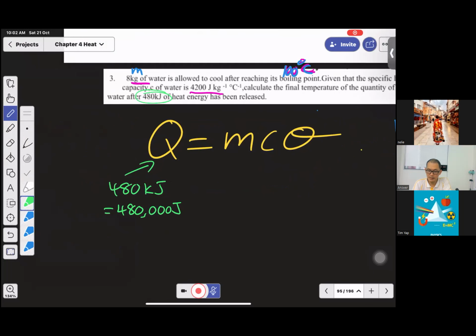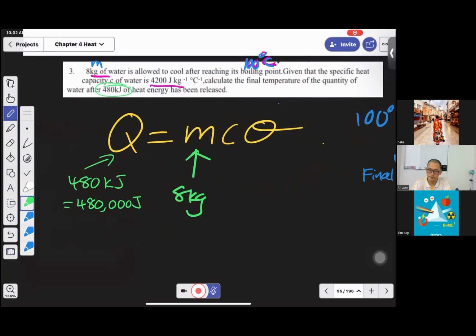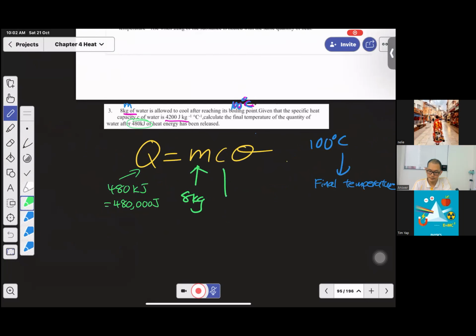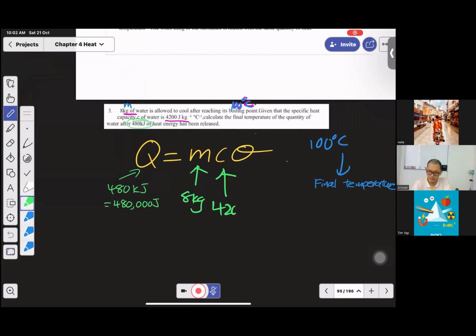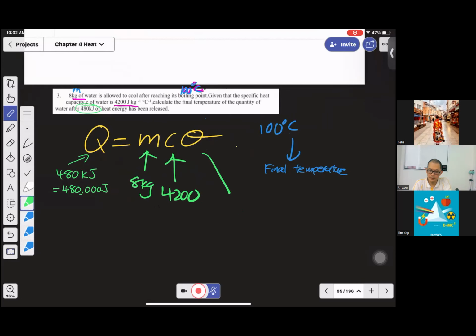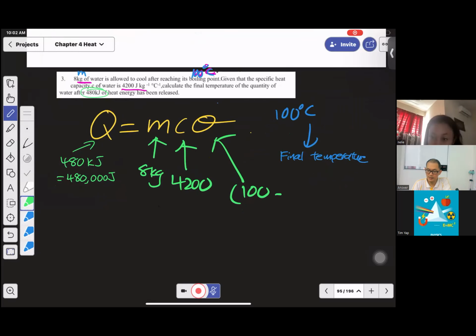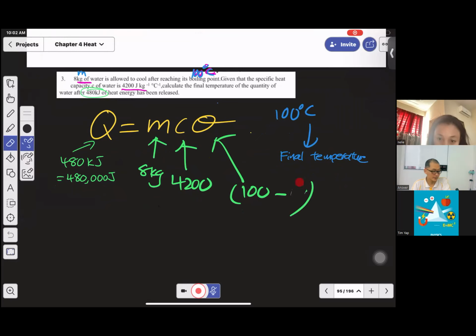So the M is 8 kg. The final temperature is unknown. The change in temperature is 100 minus the final. Okay, or I put a T there.